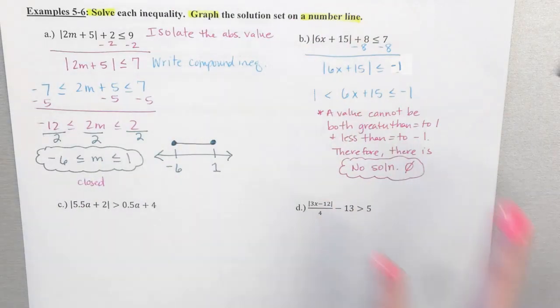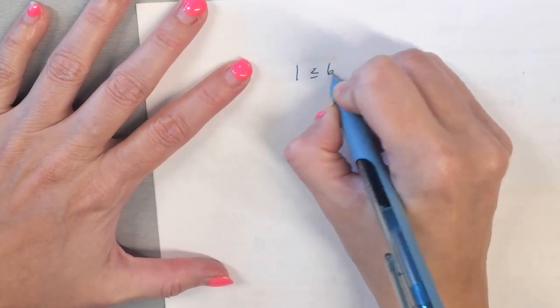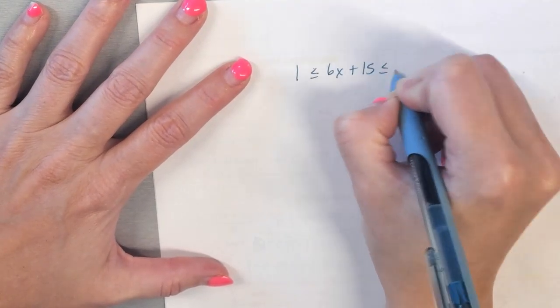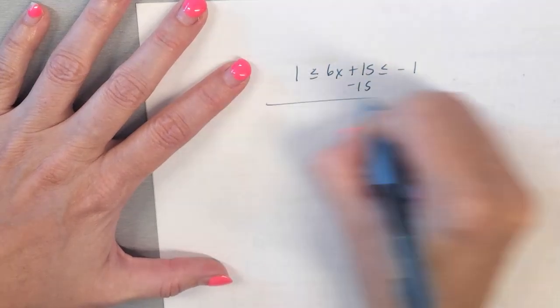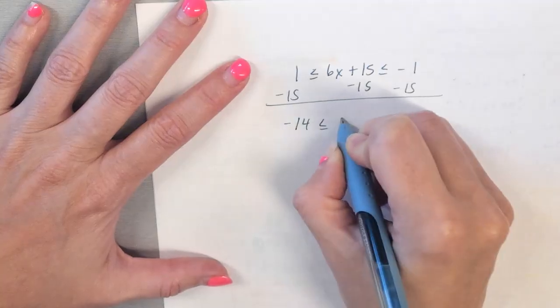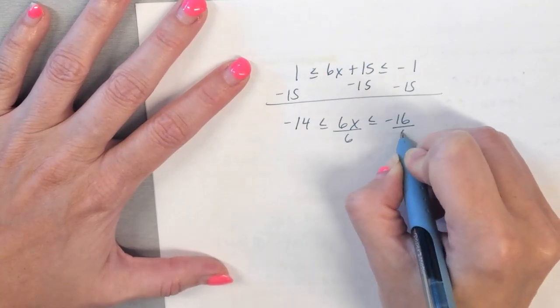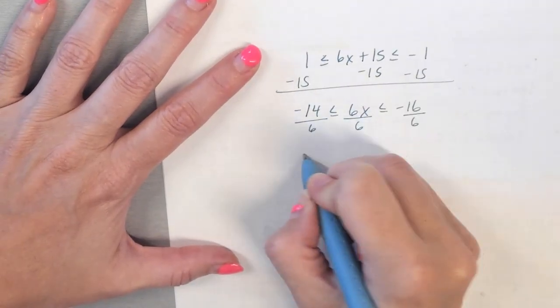Now, let's say you went through and you solved this. Okay, I'm just going to show you on the back. Let's say that you solved this. Okay, good. 1 is greater than 6x plus 15 is less than or equal to -1. You would subtract 15 from both sides. Get -14, 6x, -16. You divide by 6. You remember to reduce because you're awesome.